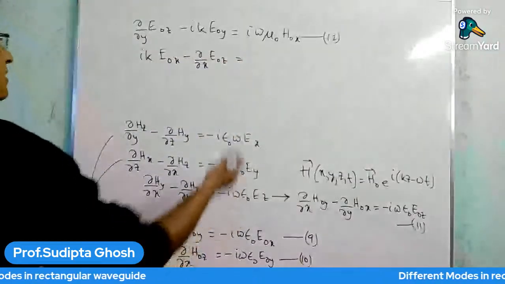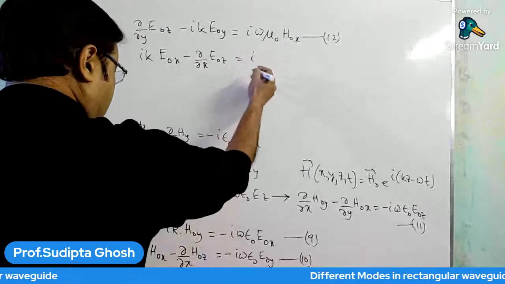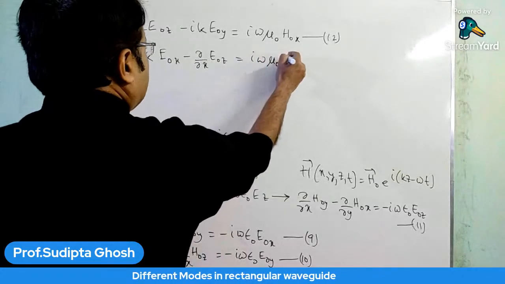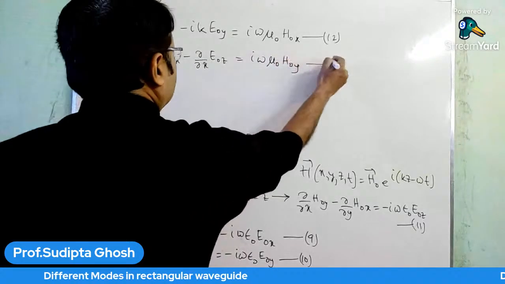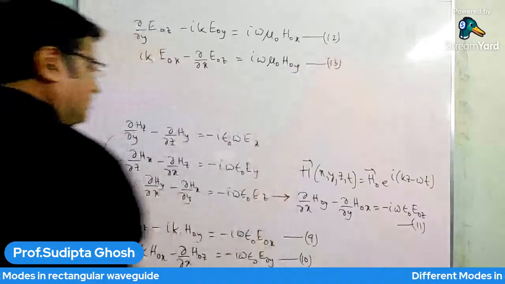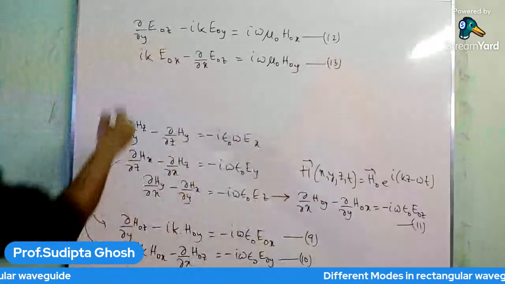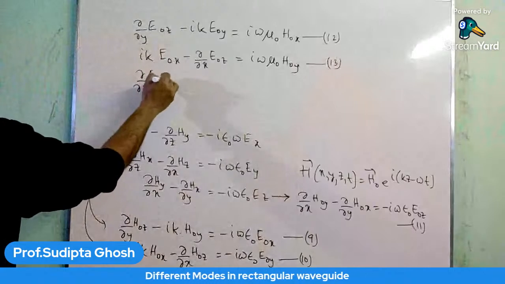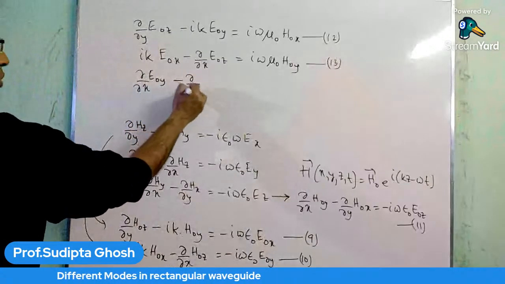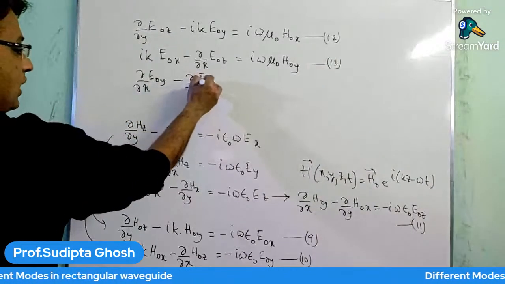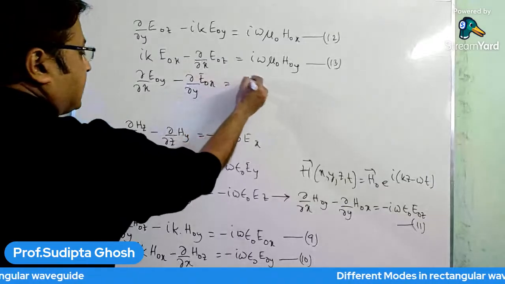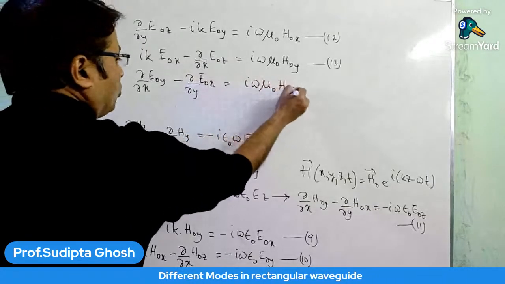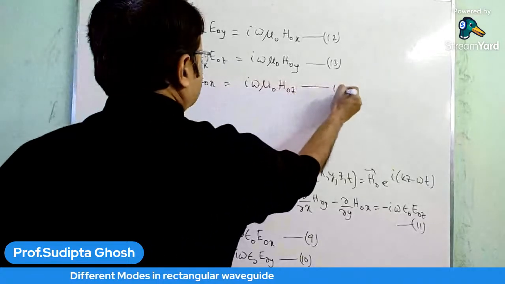And then again on the right hand side we have i omega mu 0 and then HOY, and it will be equation number 13. The last equation will be del x of EOY minus del y of EOX, and on the right hand side i omega mu 0 then HOZ. It will be equation number 14.